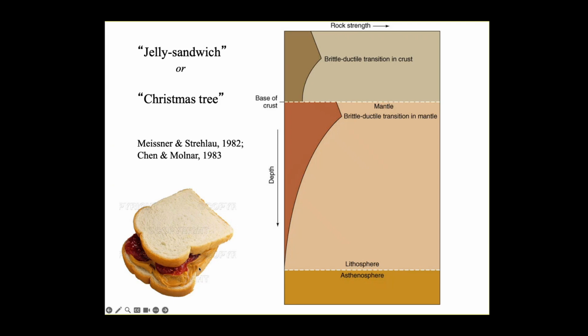Peanut butter is a little bit stronger, but this is kind of a jelly sandwich, a mechanical structure. I like the analogy with jelly sandwich because we all have a feel for jelly sandwiches. Other people call this a Christmas tree, which refers to the shape of it. But the jelly sandwich really calls to mind what we know about strength.